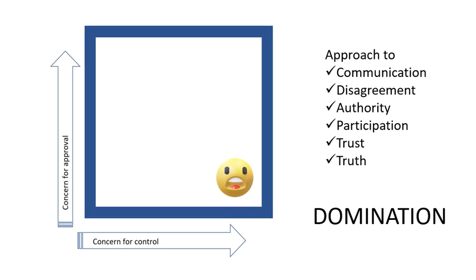Let's move on. This is different. Now, if I'm your principal, I have a high concern for control and a low concern for approval. In other words, I'm not here to be liked or popular. I'm here to run this school. And I will communicate top down.